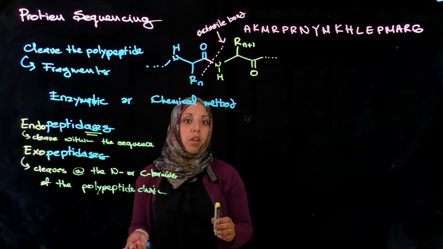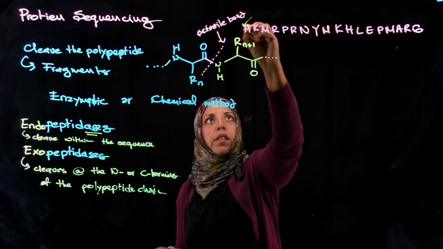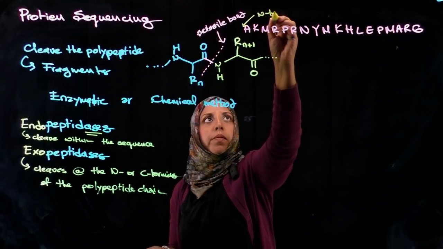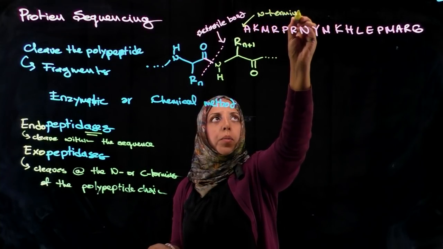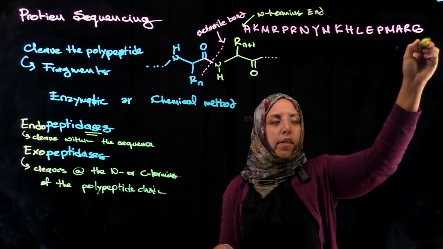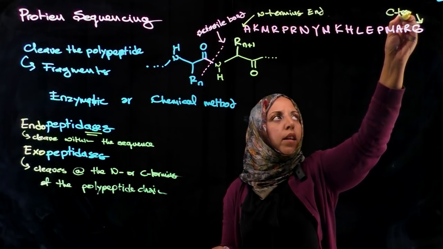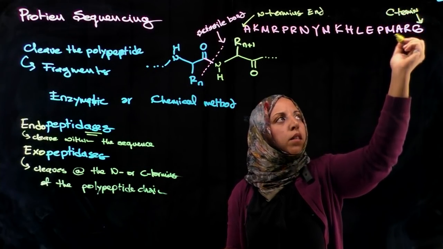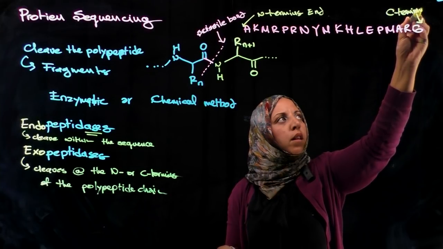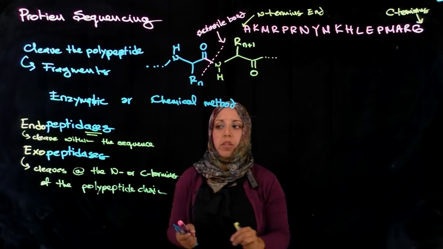And remember, when we draw a sequence, we start with the N terminus end. This is the N terminus end of the peptide, and when we write the sequence, we end with the C terminus end, right? Where you have the free carboxylate and you have the free amino group.